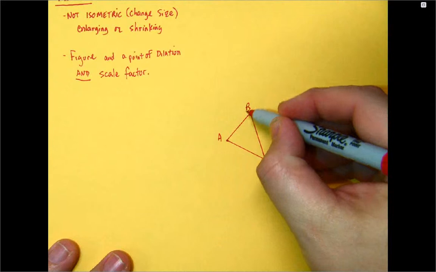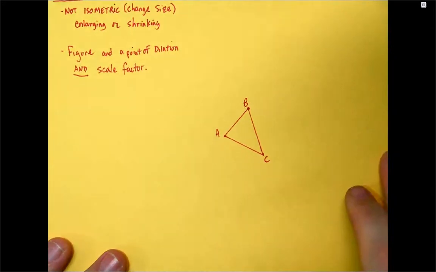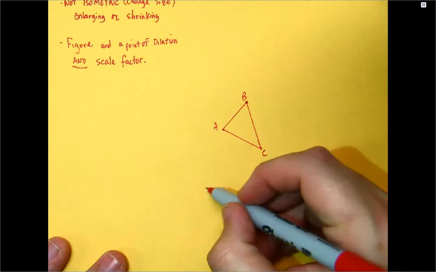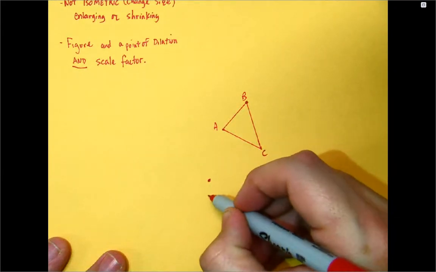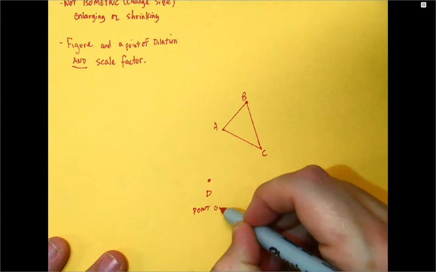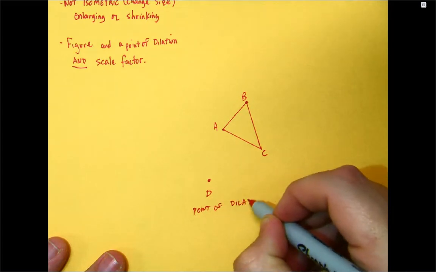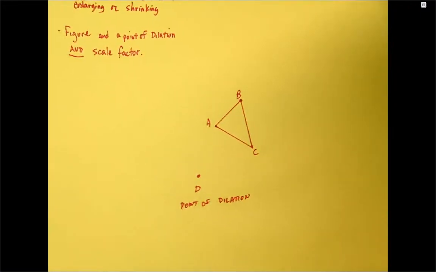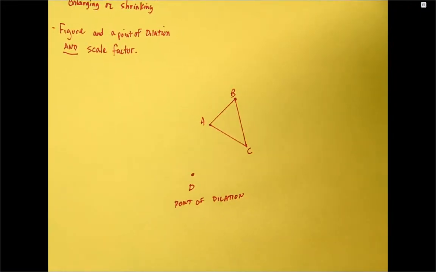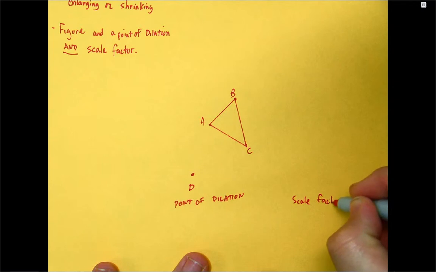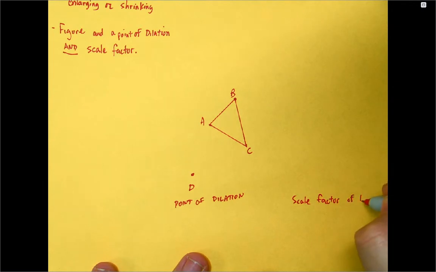A, B, C. Alright, and now you have your point of dilation. And let's say we want a scale factor of 1.5.